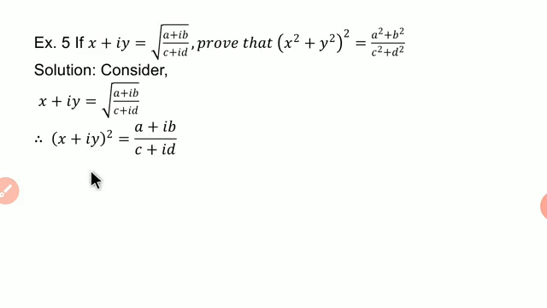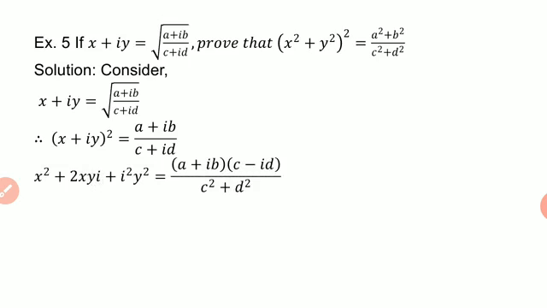Now take this square, we get x square plus 2xyi plus i square y square is equal to, by using the property, the value of 1 upon c plus id is c minus id upon c square plus d square. And so on the right side we get (a plus ib) into (c minus id) divided by c square plus d square. Now we know the value of i square is minus 1.